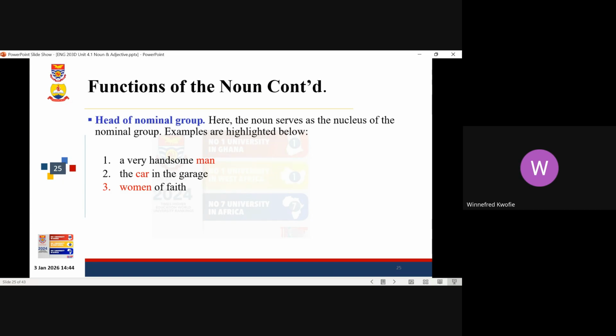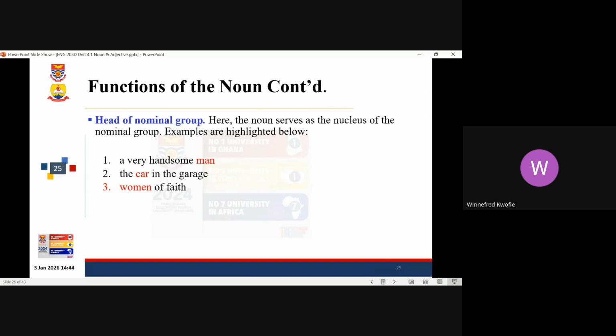In the same way, when you look at the second example, the car in the garage. There it's pointing to the specific car we are talking about. And then in the garage, it's still making specific the particular car that we are talking about. So man, car, woman, you see that they are all nouns.